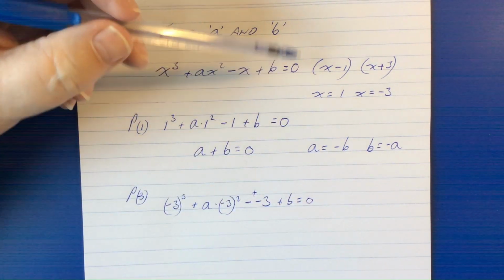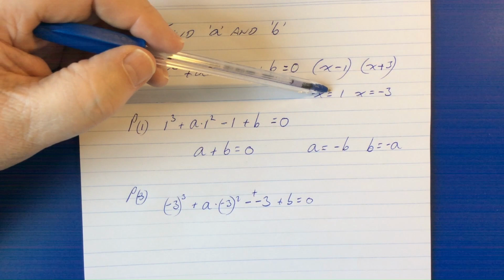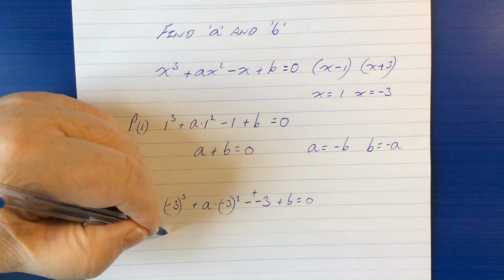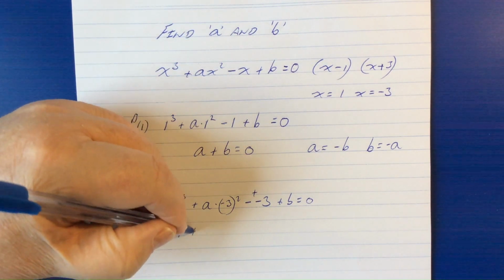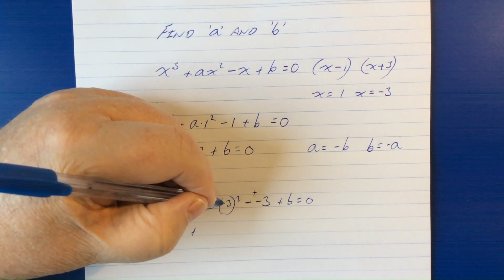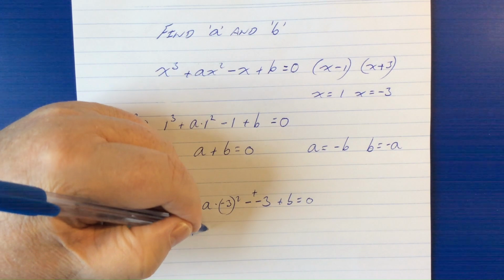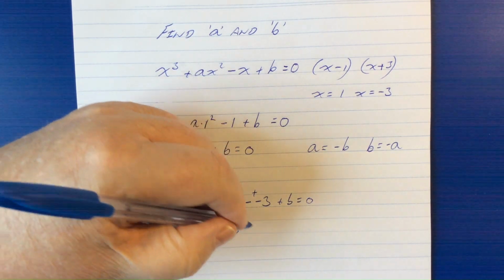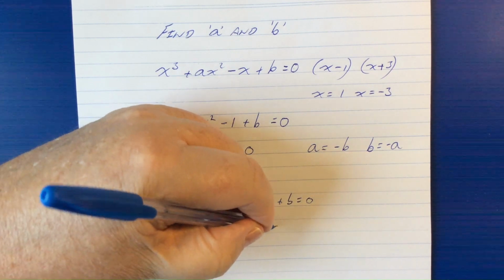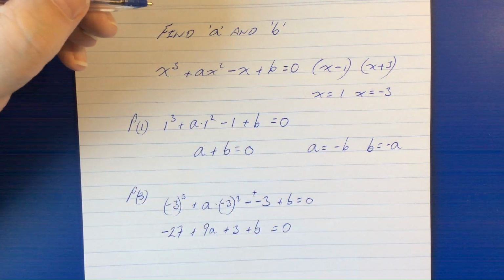So I've done exactly the same thing, but instead of using 1, I've used negative 3. So negative 27 plus 9, negative 3 times negative 3 is 9, 9a plus 3 plus b equals 0.